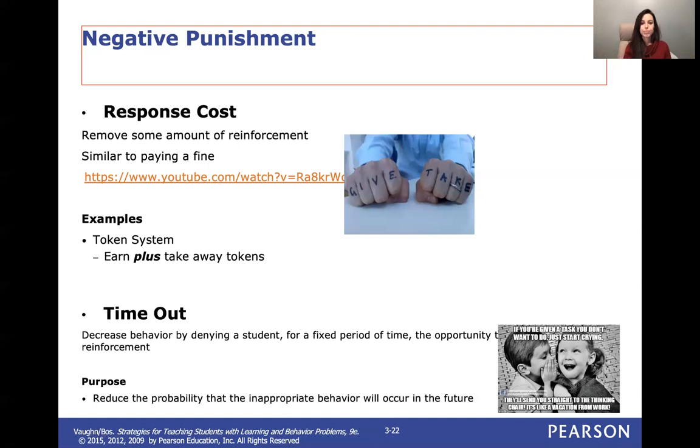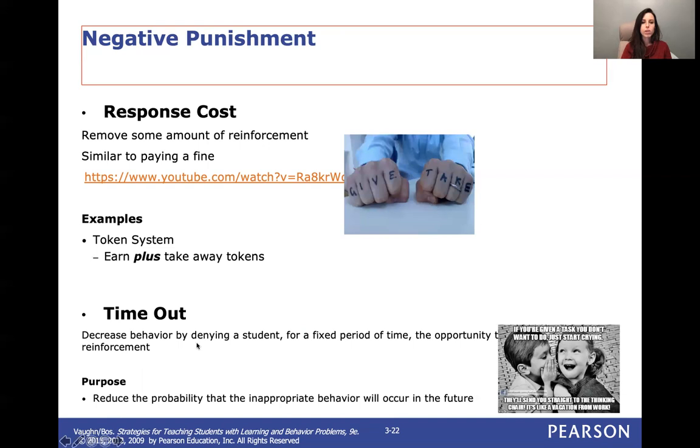Just basic things, the government works that way. They take your money all the time. So you know what I mean. Parking tickets are an excellent example. Token economies, you pass out points for doing good, but response cost would be, okay, you hit your neighbor and you're not going to recess today. I'm taking 3 tokens away from you.